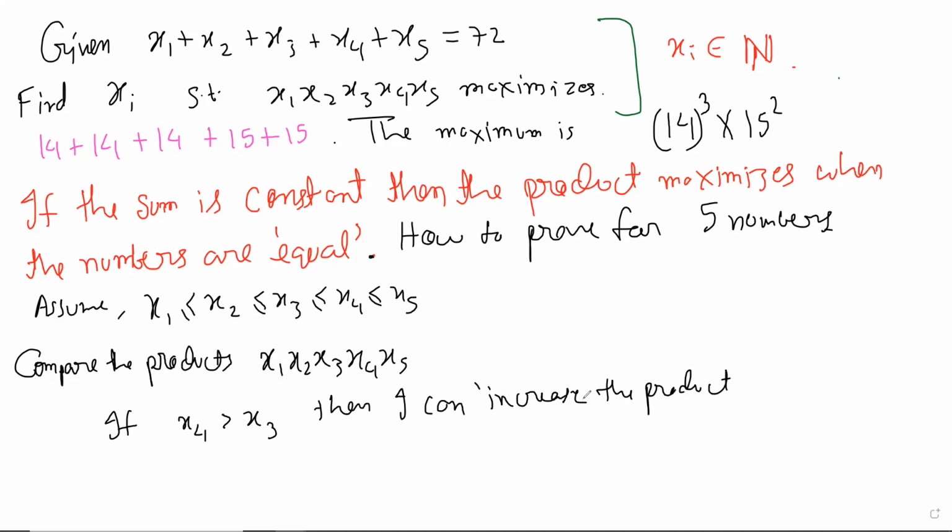Well, you will see this is not completely correct, but you will see I can increase the product by taking, any guesses, what will I take? What is the modification I'll make to increase the product? I will decrease x4 by 1 and I will increase x3 by 1.